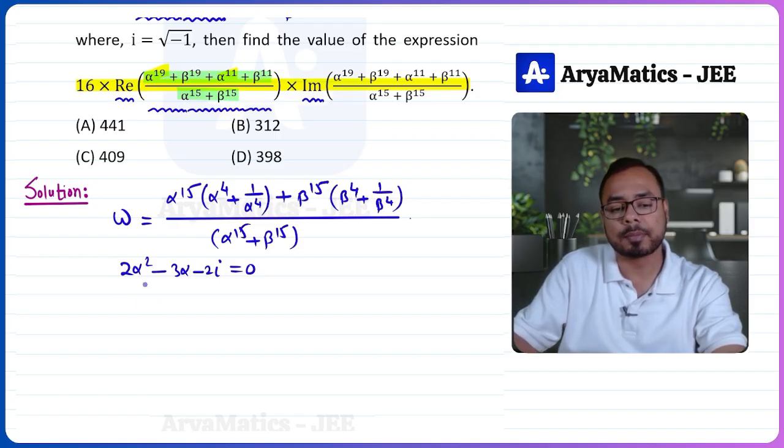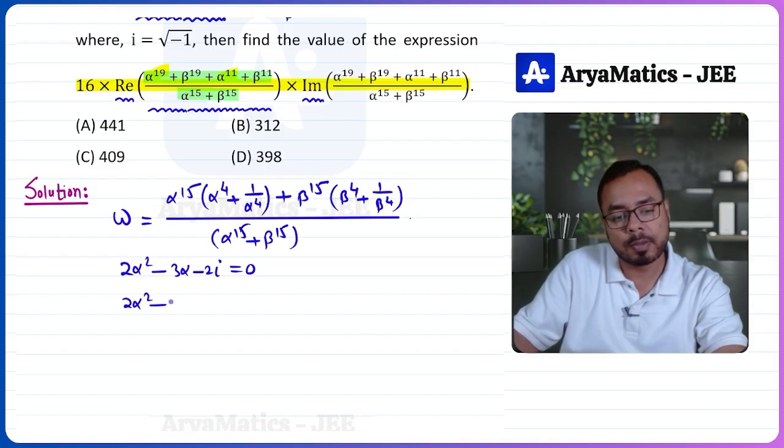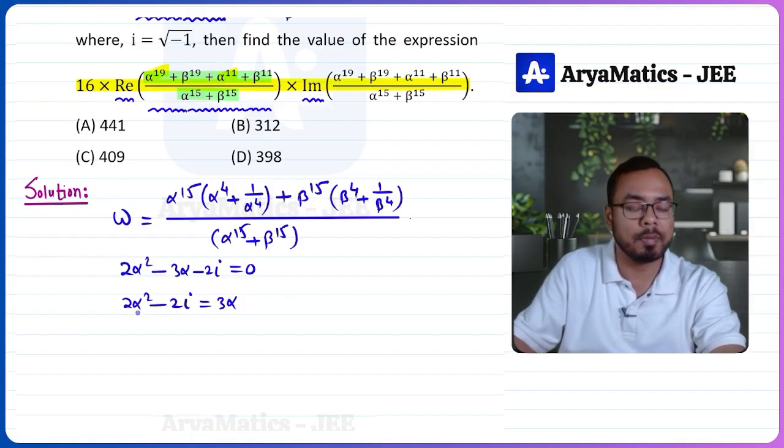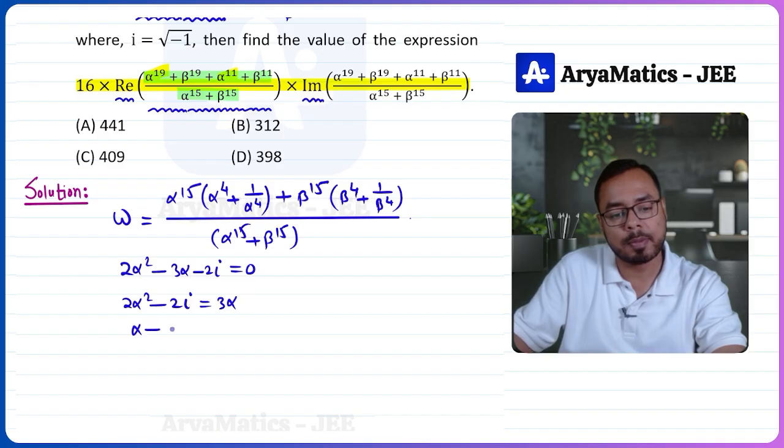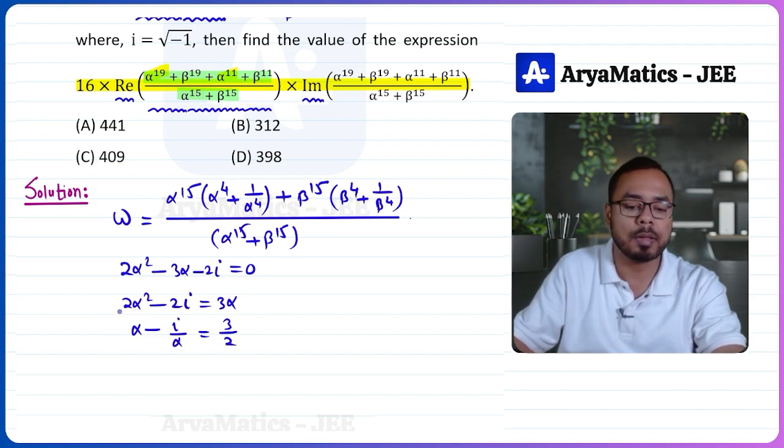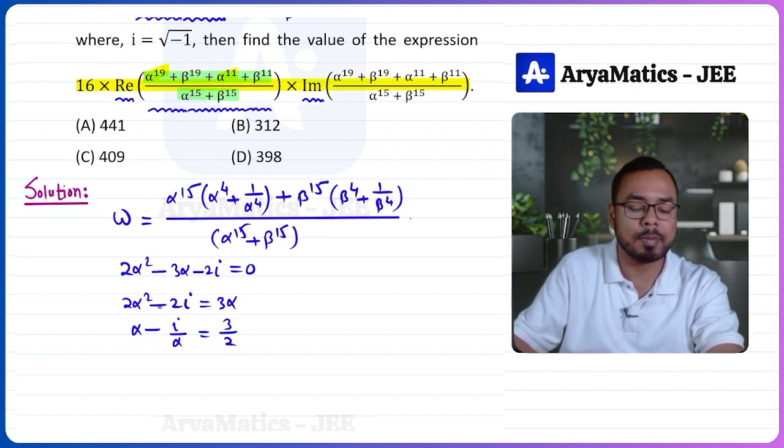For that, take 3 alpha to the other side: 2 alpha square minus 2 iota equals 3 alpha. Now divide everything by 2 alpha, so it becomes alpha minus iota by alpha equals 3 by 2.